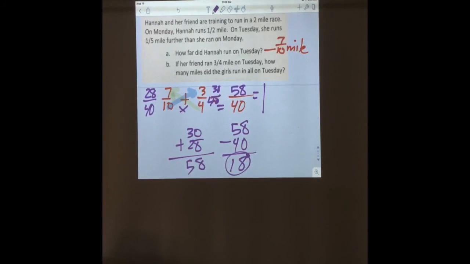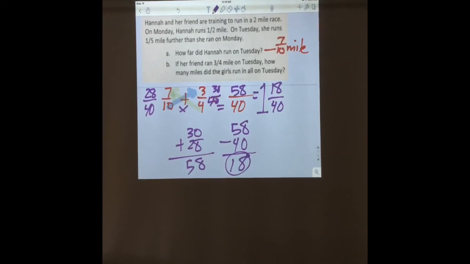So I took 1 whole out, which is 40 over 40, right? And that's what made the 1. And then I have 18 left over 40. And that would be your mixed number. Does that make sense? You okay?